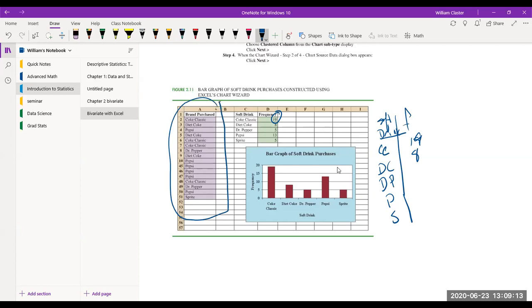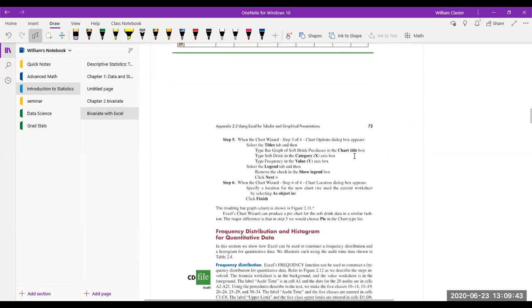So this is the brand purchased. The first brand was Coke Classic, the second one was Diet Coke, and so on. And from this list, they made this table, and then from that table, they made this picture. So that is one variable.